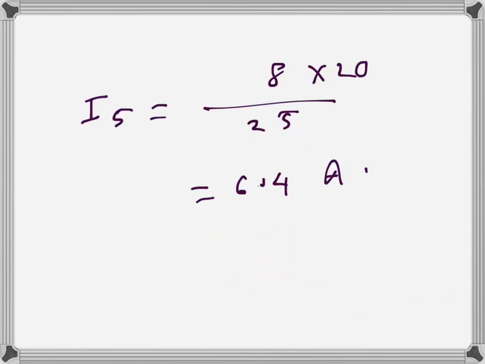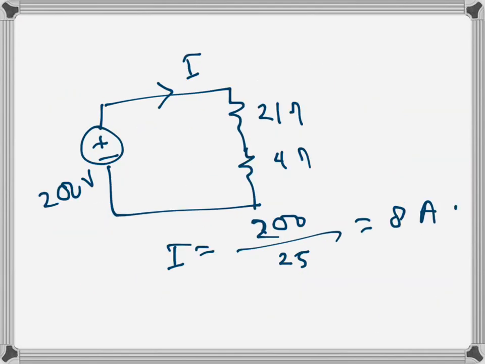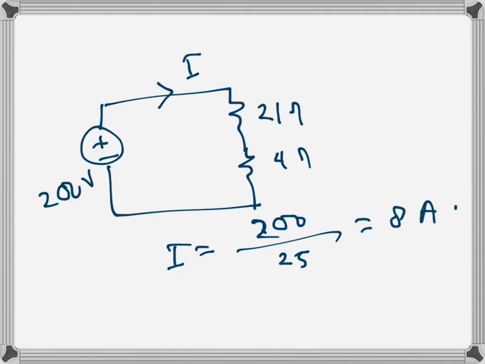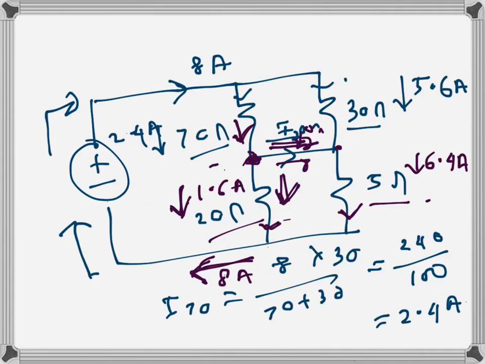So basically I70 is equal to I naught plus I20. I70 is the current downwards through the 70 ohms resistance, and I20 is the current downwards through the 20 ohms resistance. So I70 is equal to I0 plus I20, given that I0 is going in the other direction.